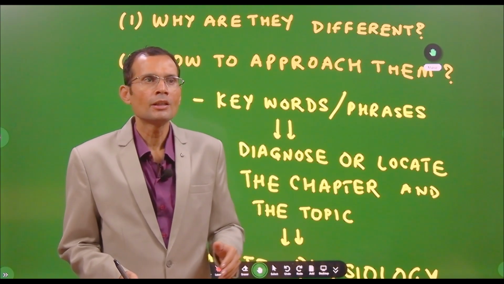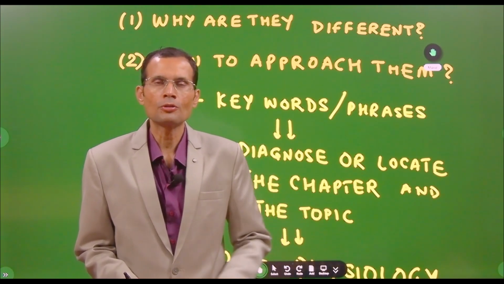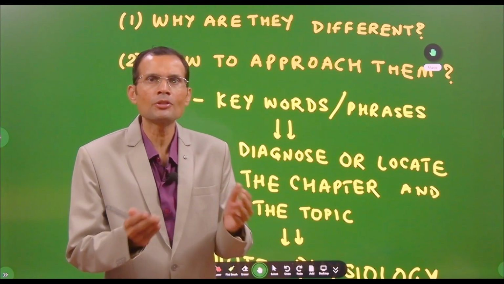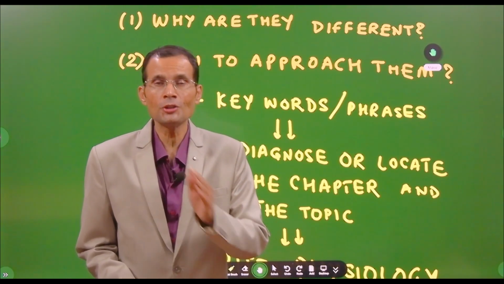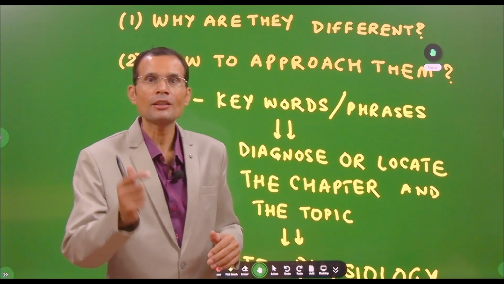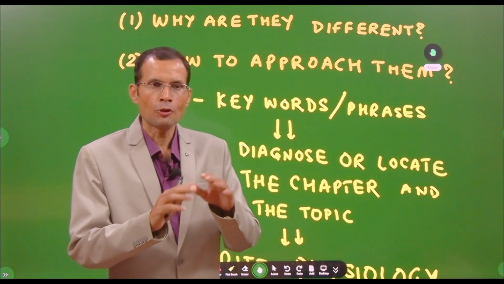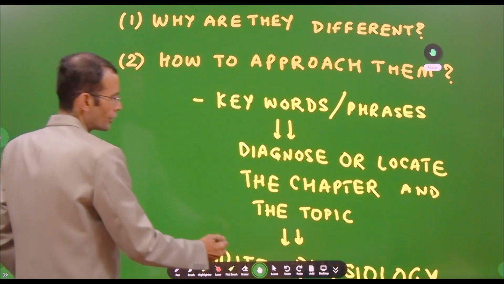For example, a female came with weight gain and intolerance to cold, and then other information is given. Now you know this is the key phrase, it's about hypothyroidism, and then you will be asked to write the physiology part. Okay, nobody is going to ask you the diagnostic tests or treatment management part, etc. For most part you will have to write the physiology. So look for the key phrases.